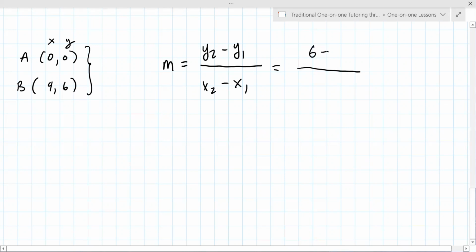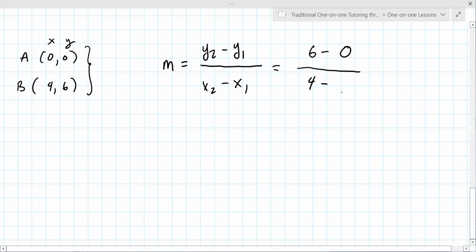And what's the value of Y1? That is 0. What's the value of X2? X2 is 4.